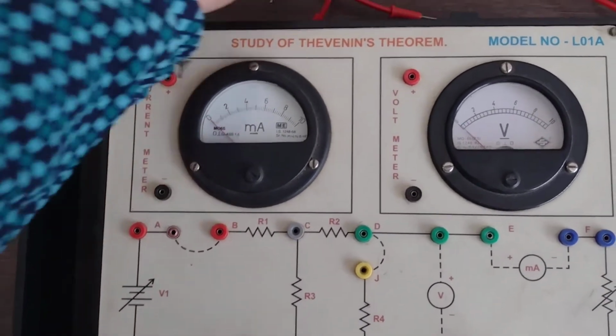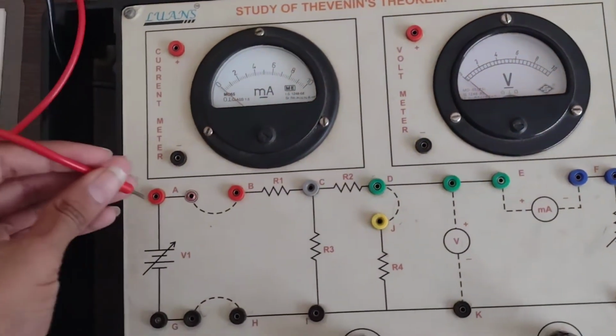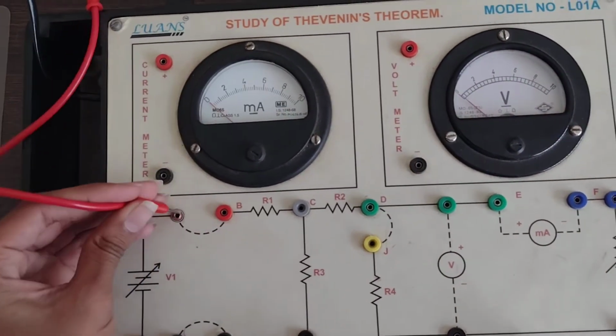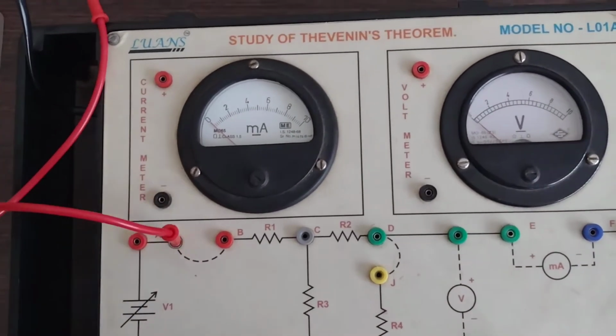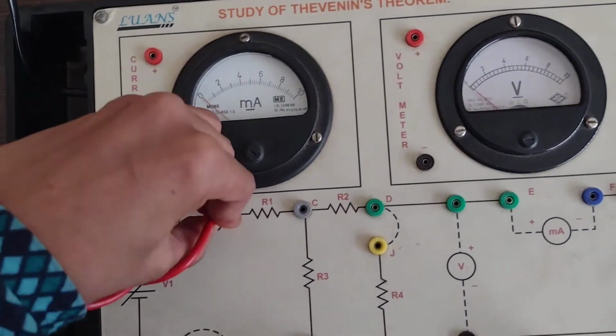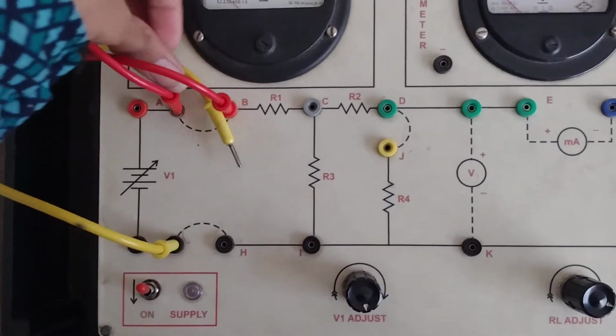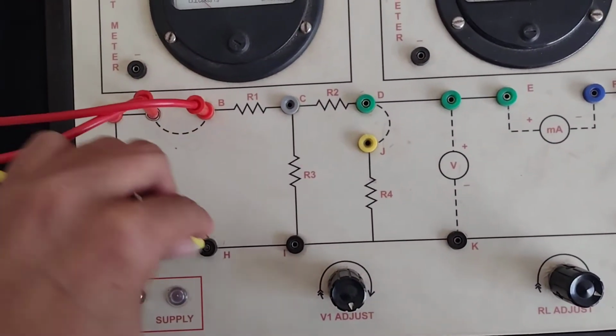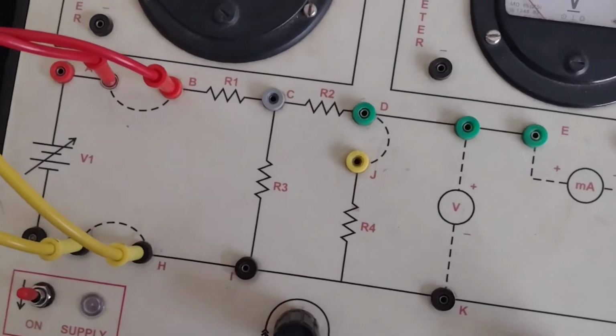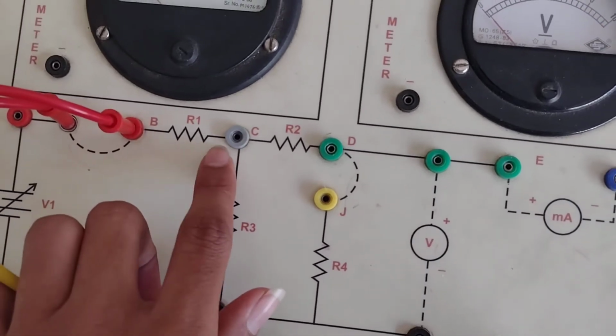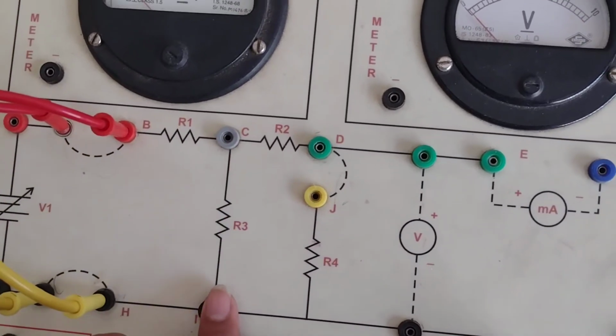First we have to connect the voltage source V1, then we have to connect the resistances R1, R2 and R3.